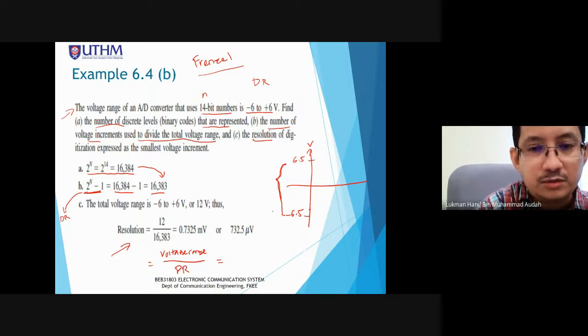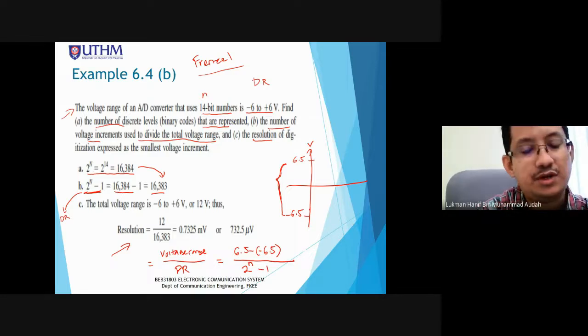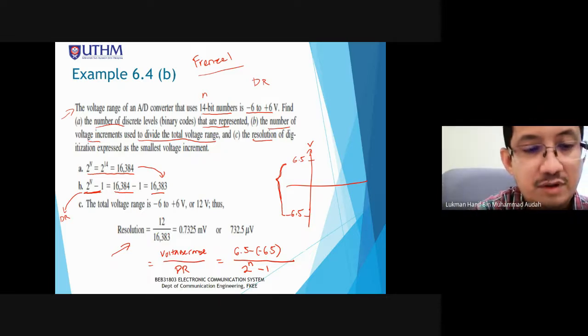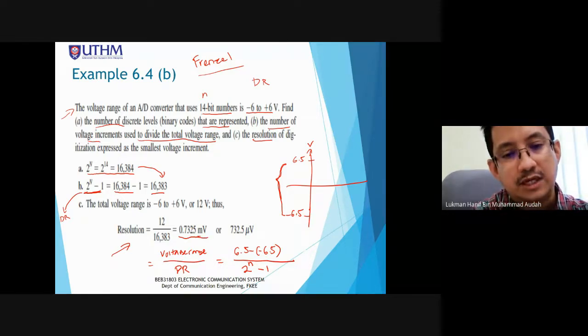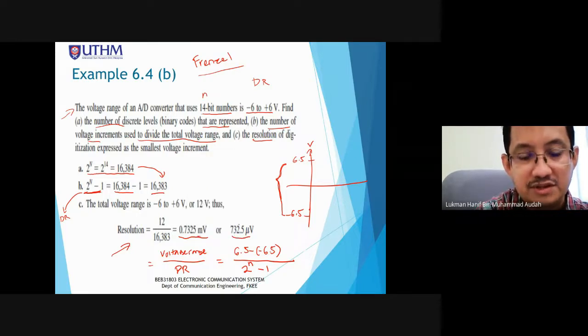So this is equal to 6.5 minus minus 6.5 volt, dia punya total range of voltages, divide with 2 power of n minus 1. Okay, so that's why it is 12 volt divide with 16,383 levels. And we get the resolution is 0.7325 millivolt, ataupun 732.5 microvolt.